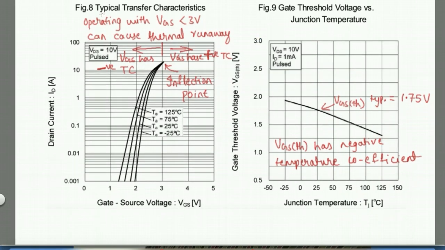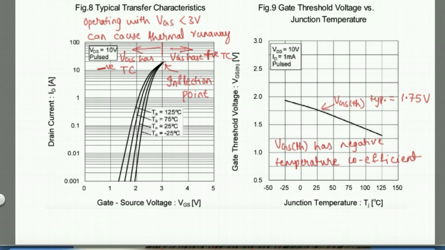Figure 8 provides the typical transfer characteristics, which is nothing but the plot of drain current versus gate source voltage. The gate source voltage has negative temperature coefficient for voltages below 3 volt, and it has positive temperature coefficient for voltages above 3 volt.